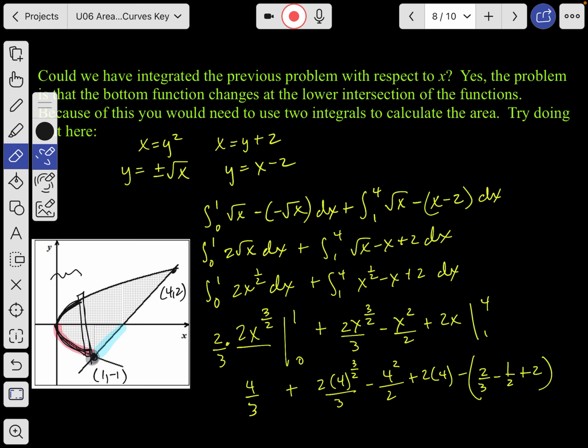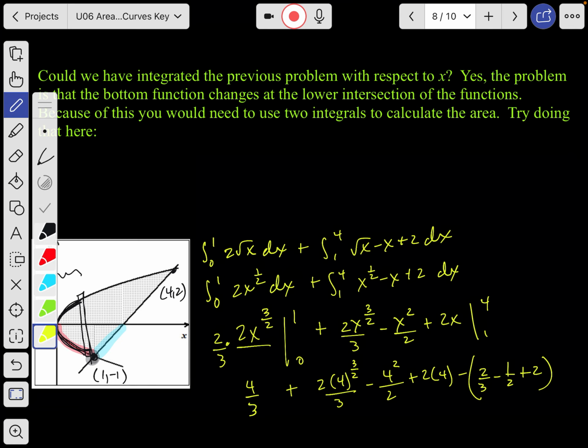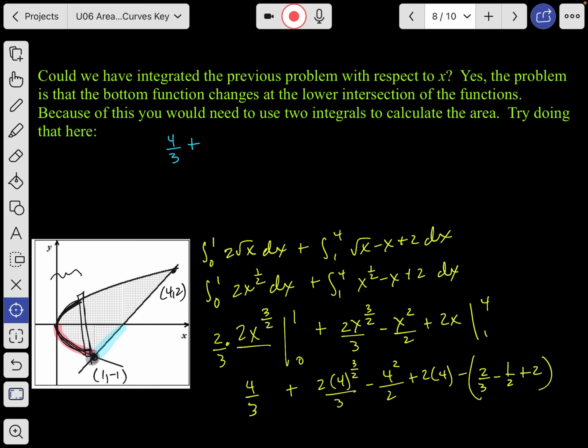Okay, I'm going to clean up a little space so I can do some calculations. Okay, so I still have the 4/3 plus. Okay, so this 4 to the 3/2.